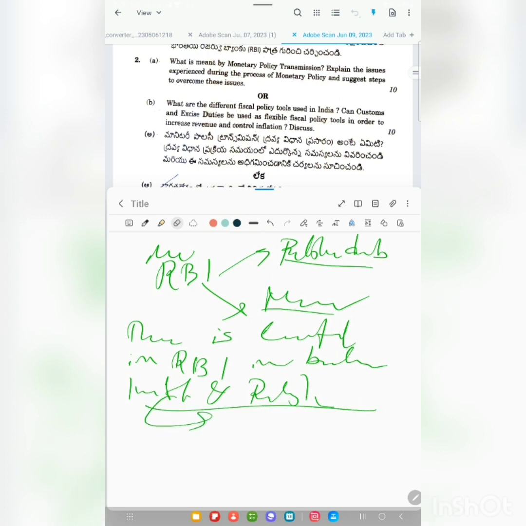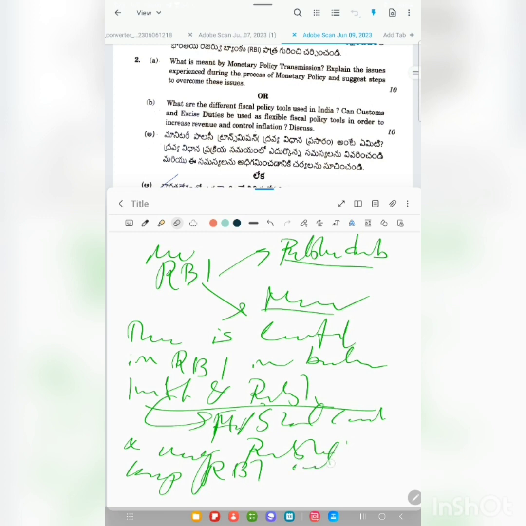So in order to solve this, the government announced a fiscal council to manage public debt and keep the Reserve Bank of India independent of public debt functions.